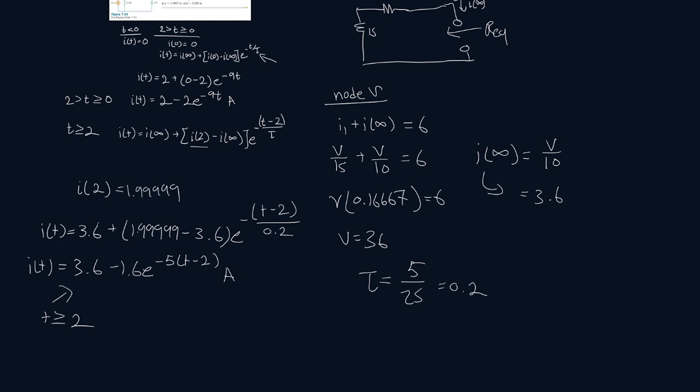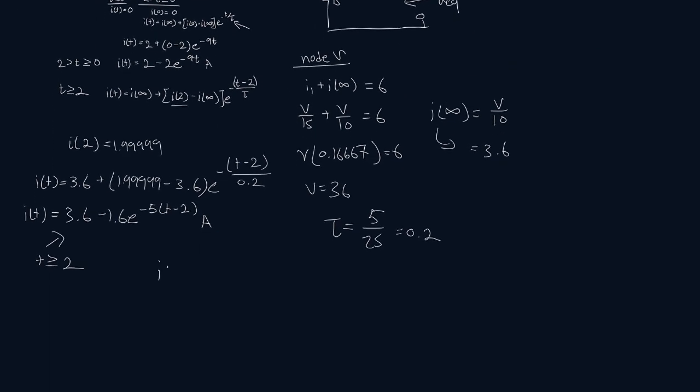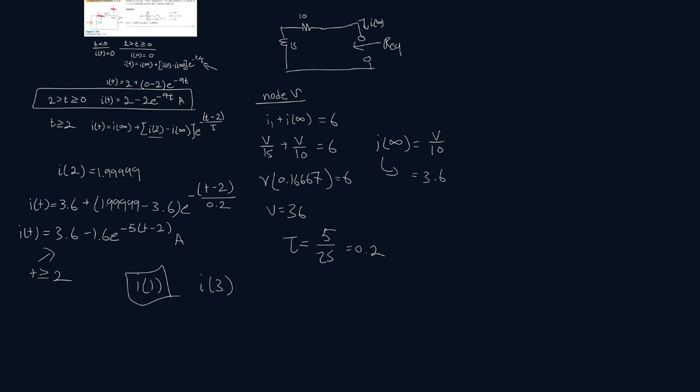Now the second part asks to find I1 and I3. So to find I1, we will have to use this formula because it's within that range. So I of 1 will be 2 minus 2e to the power of minus 9 times 1. So let me see what that gives me.